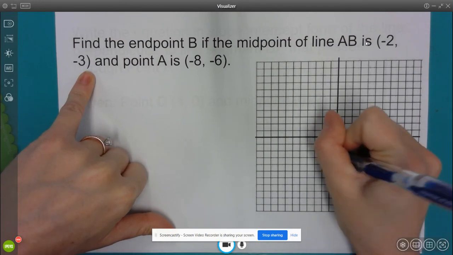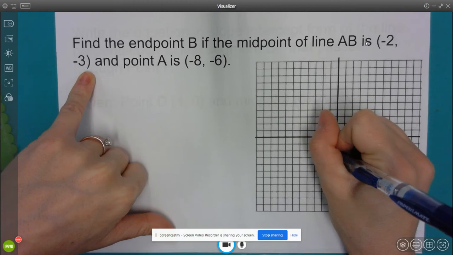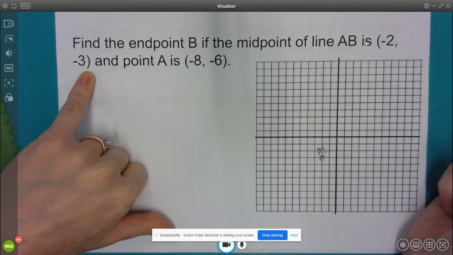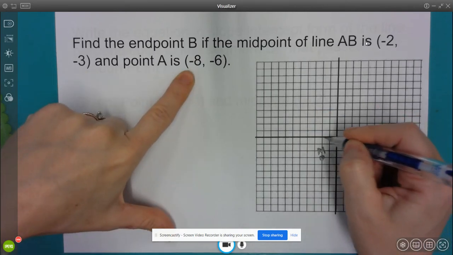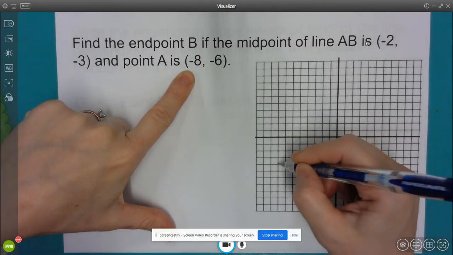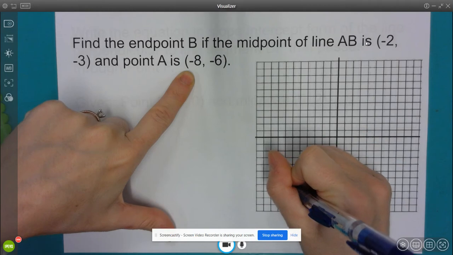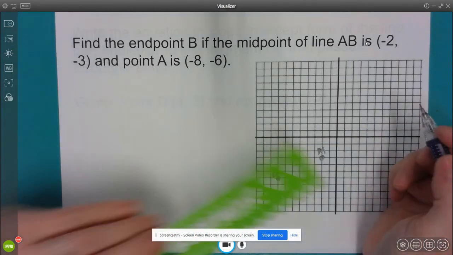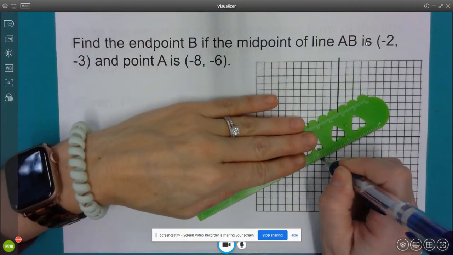So I'm going to label this as M, and then A is at 4, -8, 1, 2, 3, 4, 5, -6. So here's A. And I'm going to connect these just so we can see them a little bit better.